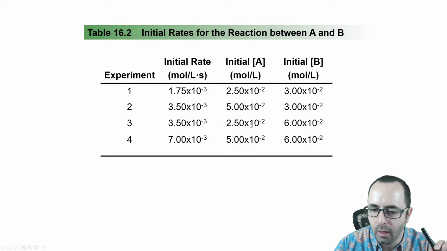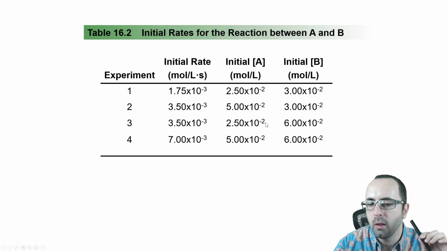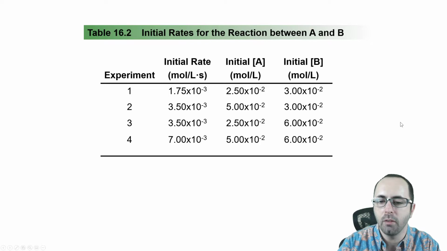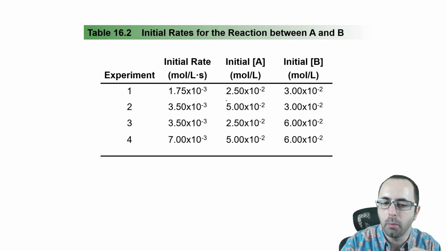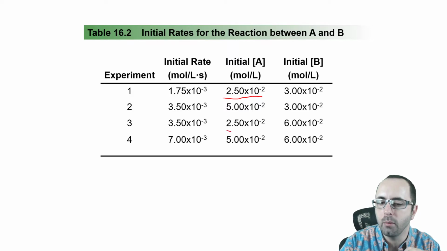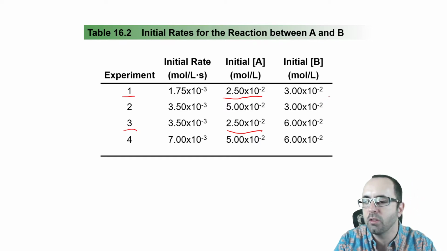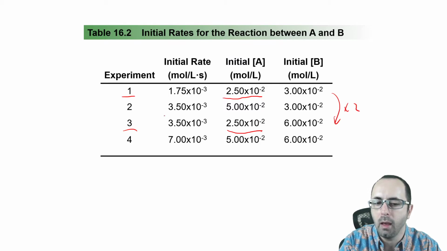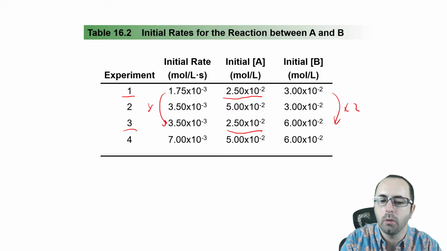Now, out of these experiments, we would want to choose 2 experiments where the concentration of B changes, but the concentration of A stays the same. That could be, for example, experiment 1, where the concentration of A is 2.5 times 10 to the minus 2, and experiment 3. If we compare experiment 1 to experiment 3, we'll see that the concentration of B doubled, times 2, and the rate also doubled, times 2.